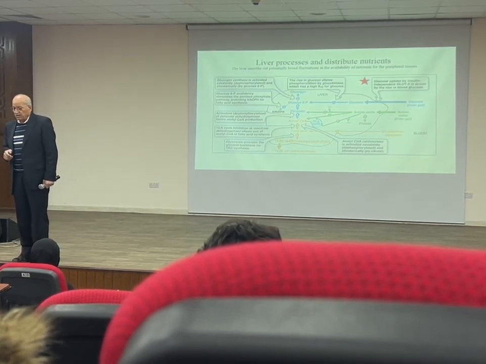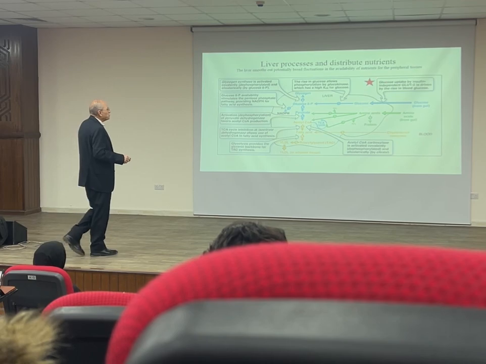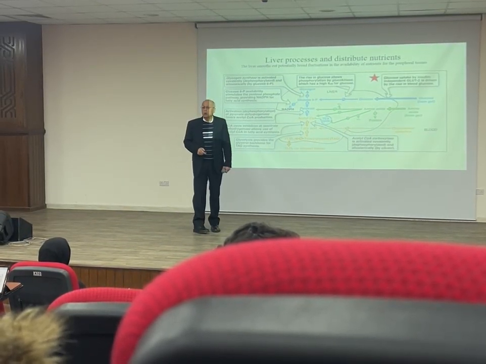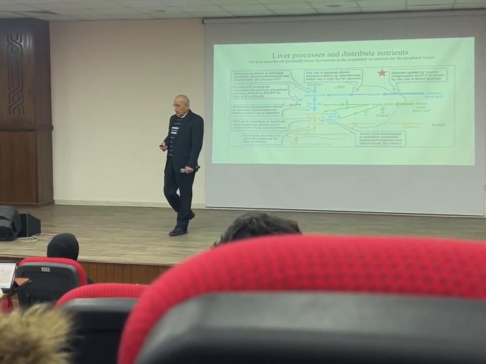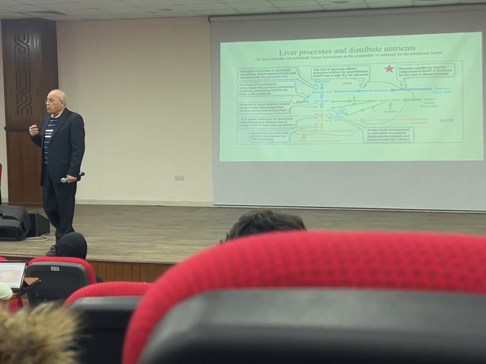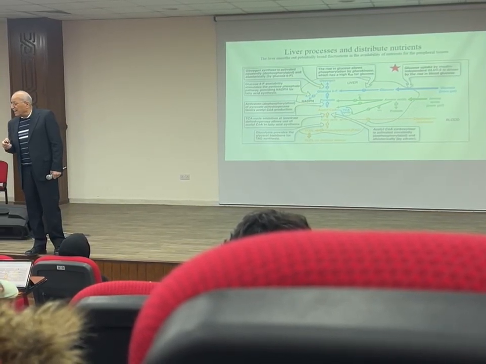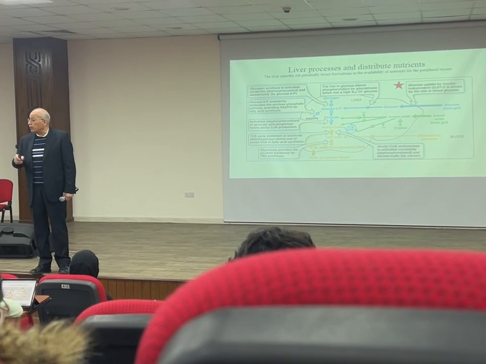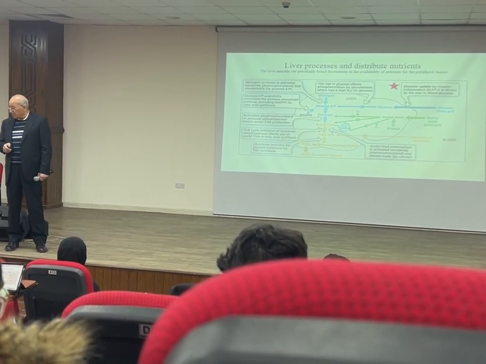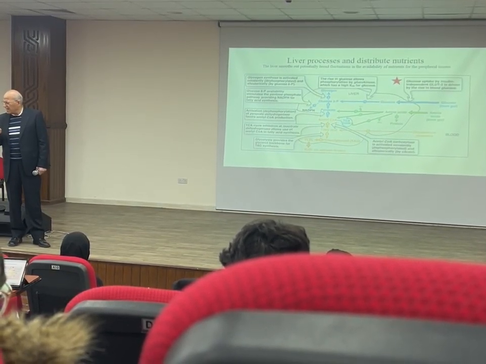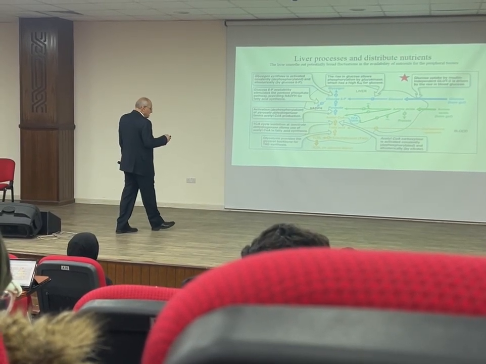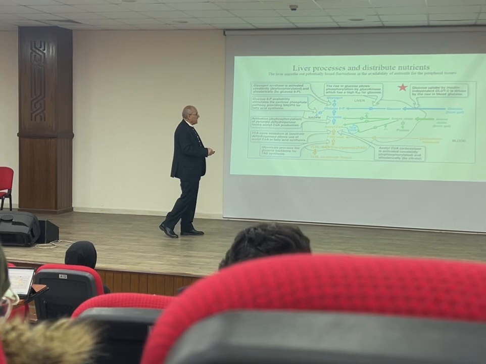There are proteins called GLUTs. The GLUTs in muscle and adipose tissue are insulin dependent, and the GLUTs in brain and liver are insulin independent.